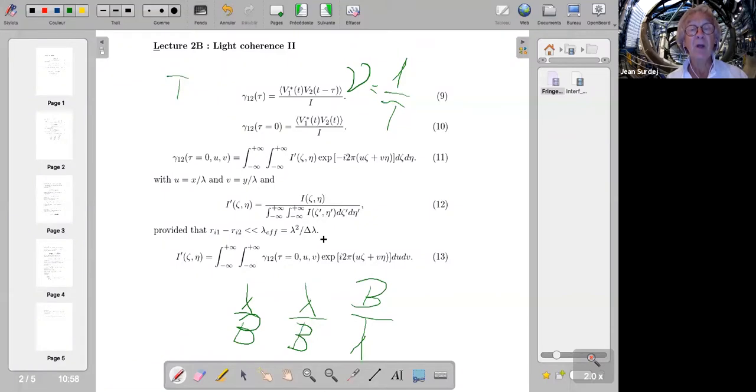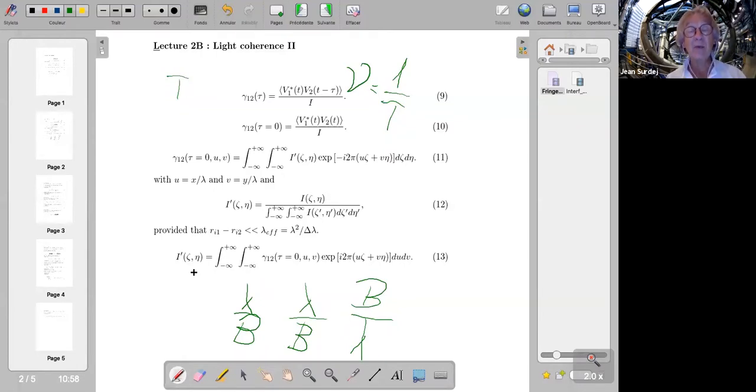Now, I think this will be explained to you by Dash during one of his next lectures: if you take the inverse Fourier transform of this quantity, you just recover the intensity distribution of the source, which is normalized, of course.